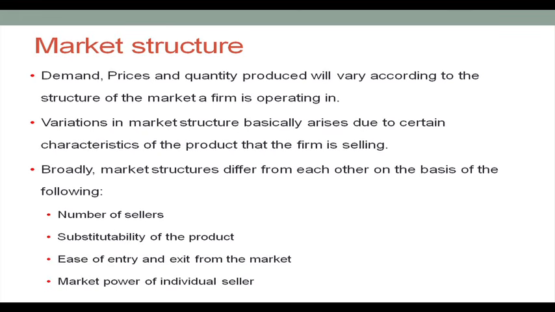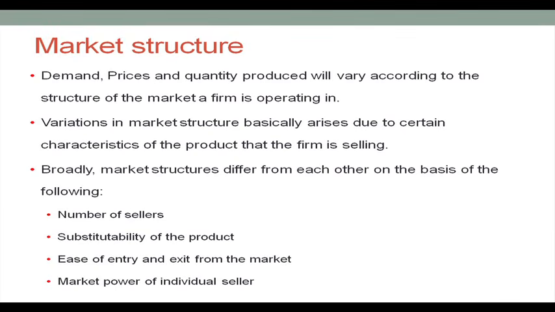If the seller is able to determine what price to charge in the market. Whether the seller has market power or not is highly related to all the other three factors that we have listed above, that is the number of sellers, substitutability of the product. So if the number of sellers is low, obviously the market power of the individual seller will be high.